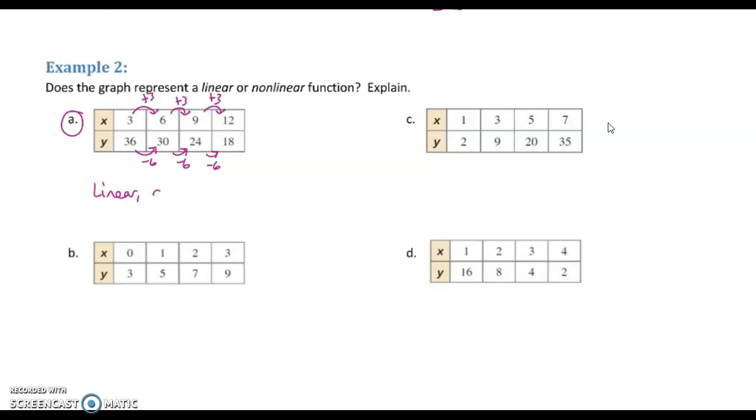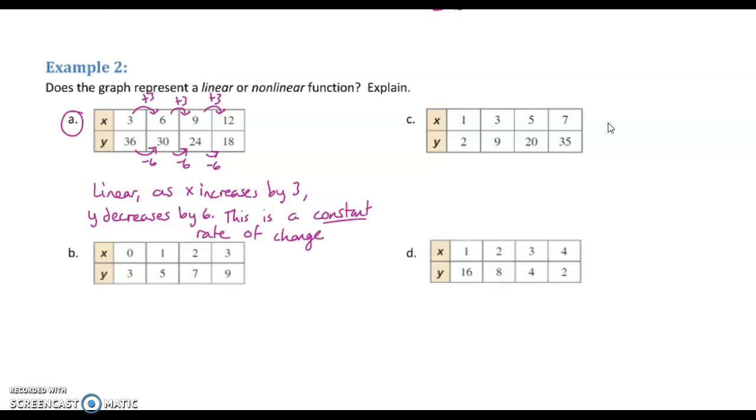And the statement we make is, as x increases by 3, y decreases, because it's subtracting, so it goes down, decreases by 6. This is a constant rate of change.